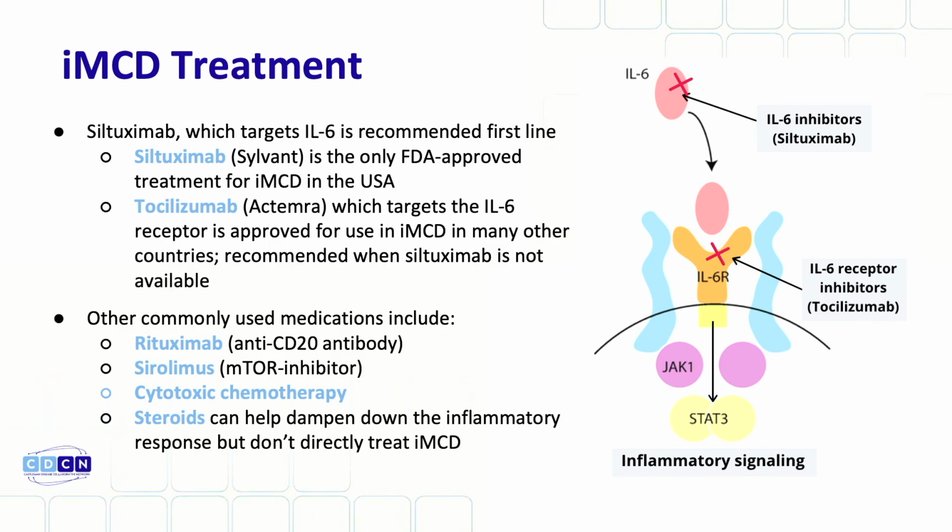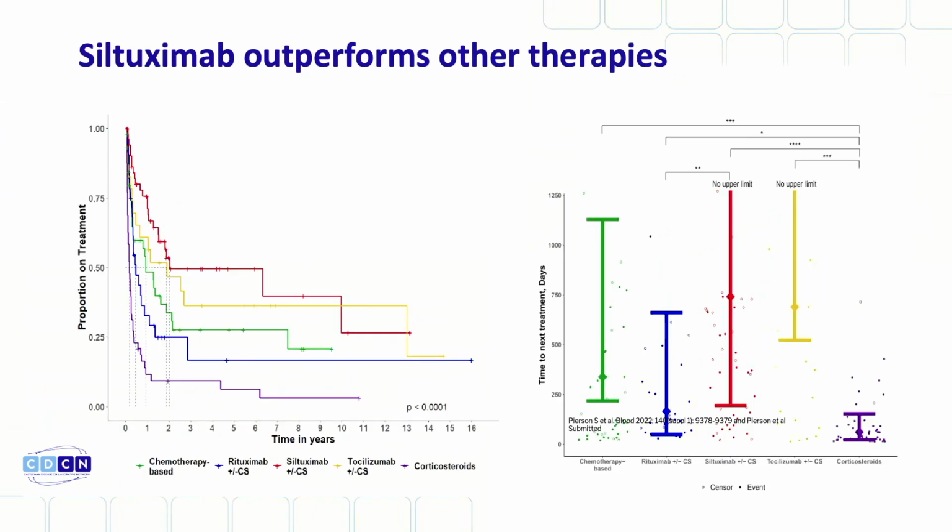Let's click to the next slide. So we used ACCELERATE data to look to see how various treatments work for Castleman disease. Siltuximab is the red bar, and tocilizumab is the gold bar. This is sometimes hard to follow, but it's a survival curve where basically you see that the higher, the better. The red and the gold have the two highest levels of responses.